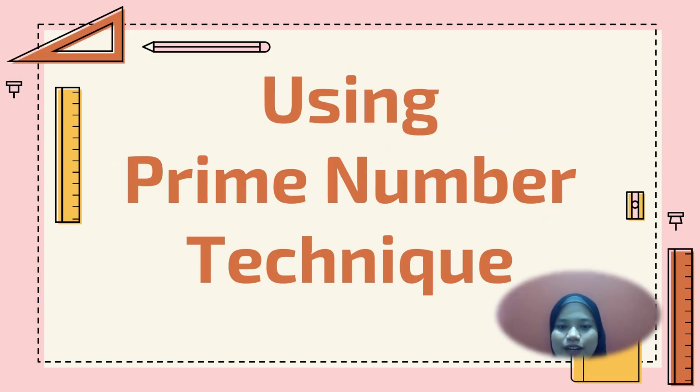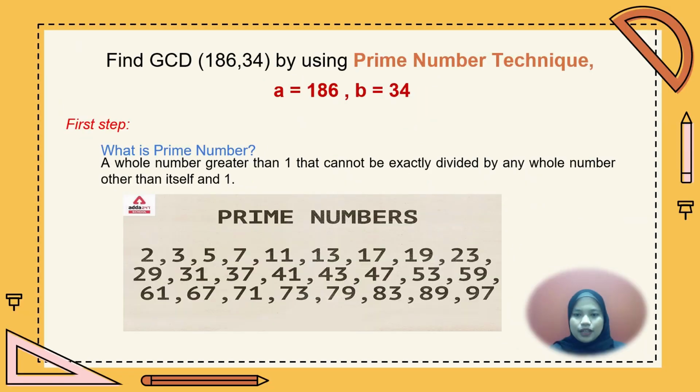Next, I will explain about GCD by using the prime number technique. For example, the question gives: find GCD of 186 and 34 using the prime number technique. We know that the largest one we label with A, and the second number we label with B. First of all, we must know what the prime number technique is.